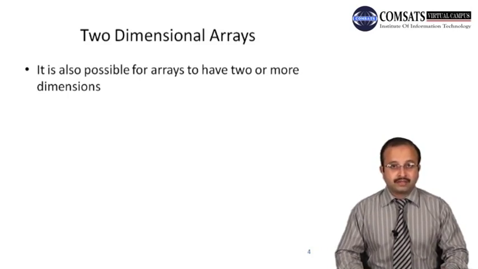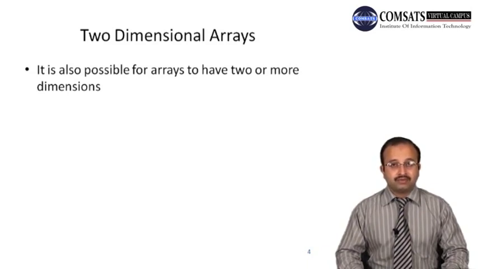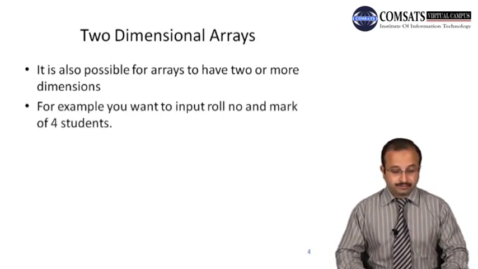These square brackets actually represent the dimension of the array. If you have one pair of square brackets, as we have so far, that is a one-dimensional array. If we have two pairs of square brackets, that means that it is a two-dimensional array, and if we have three pairs of square brackets opening and closing, then this means that that is a three-dimensional array.